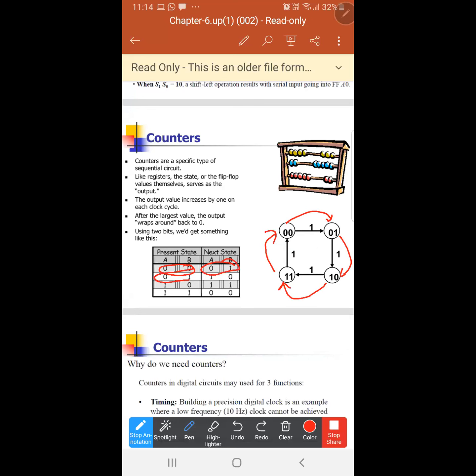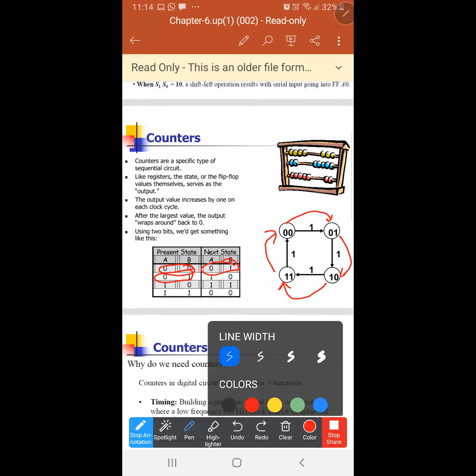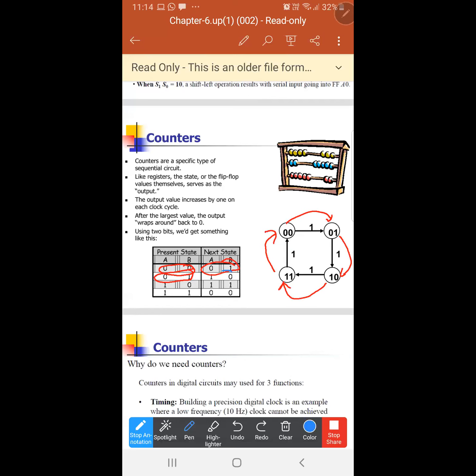If you are at 01, the next is 10. If you are at 10, the next is 11. And if you are at 11, the next is 00. That's it. No input, no output. Got it?